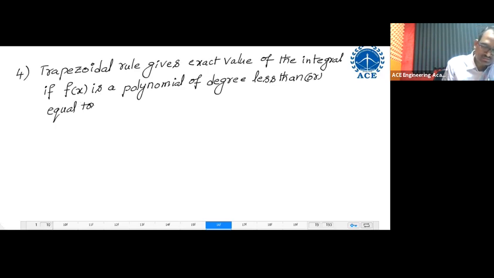Less than or equal to 1 means degree 0 and degree 1. That means f of x is a 0 degree polynomial or first degree polynomial.